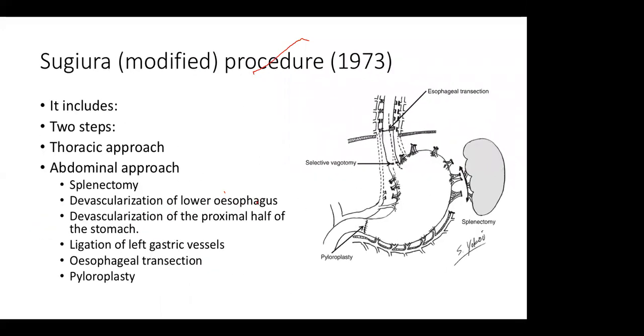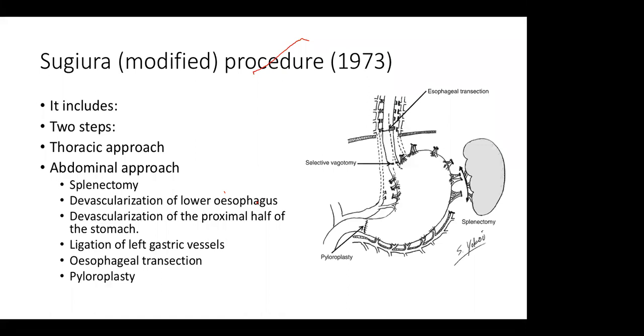While the Sugiura or modified Sugiura procedure started in 1973, at that time it was a very big operation. It is composed of two approaches. The first is a thoracic approach, going through a thoracotomy to do extensive devascularization of the whole esophagus through the thoracic opening.